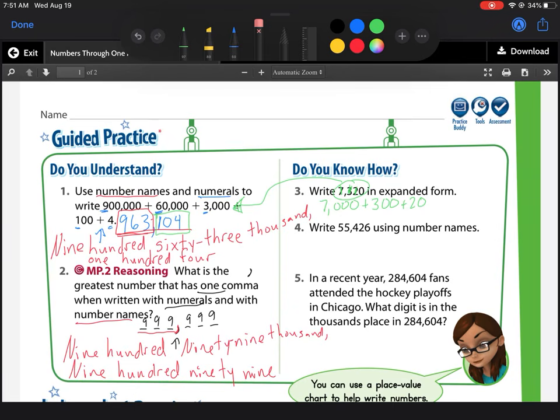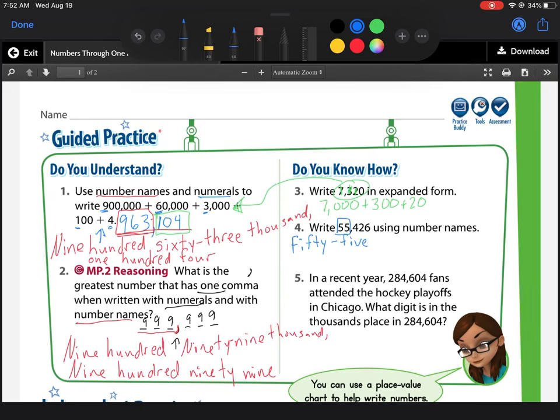It says write 55,426 using number names. Well, I just said it here, so I'm going to look at this first grouping. 55, since that's between my comma in front of it, so I'm going to put 55. And then what period or what grouping is it with that comma?